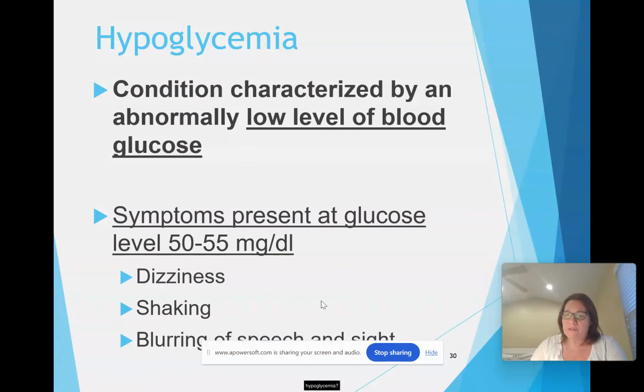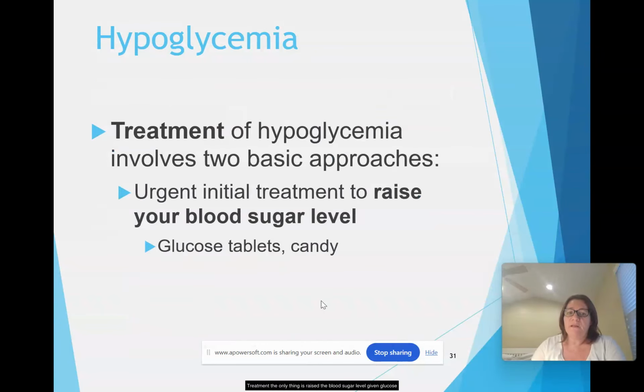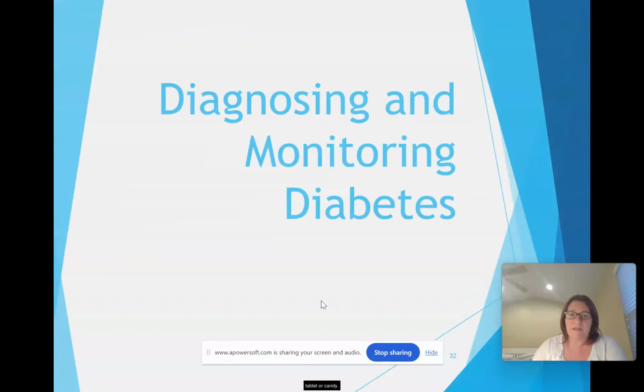What about hypoglycemia? Hypoglycemia is when the blood glucose is very low, and patients start having symptoms at 50-55 milligrams per deciliter. Treatment, the only thing is to raise the blood sugar level, giving a glucose tablet or candy.